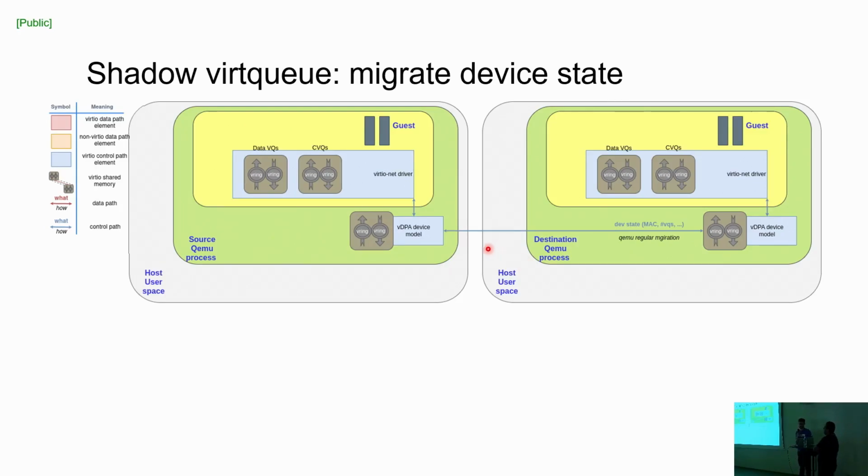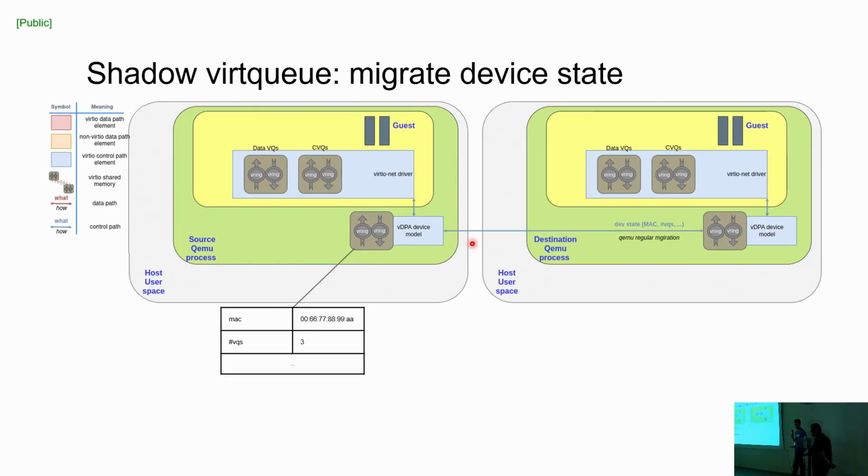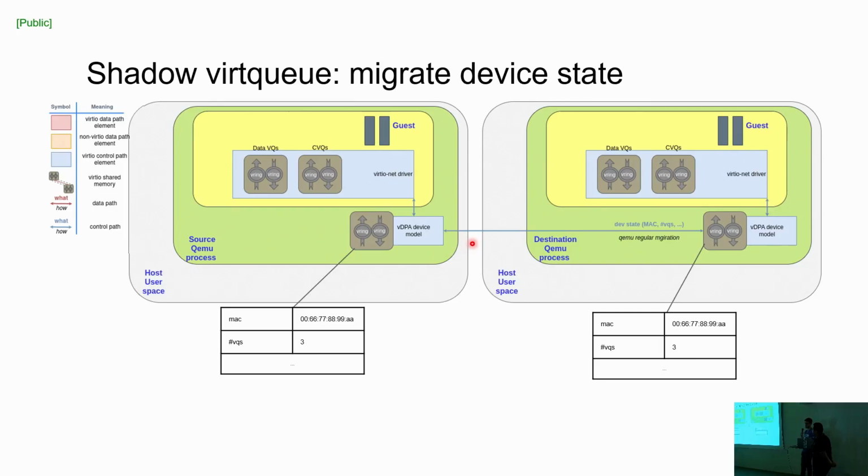Next step is to actually transfer this state. There is no code change needed for this because emulated devices already need to transfer all of these states. So all of that is totally reused. So the source has a few state notes, and then it sends them to the device.